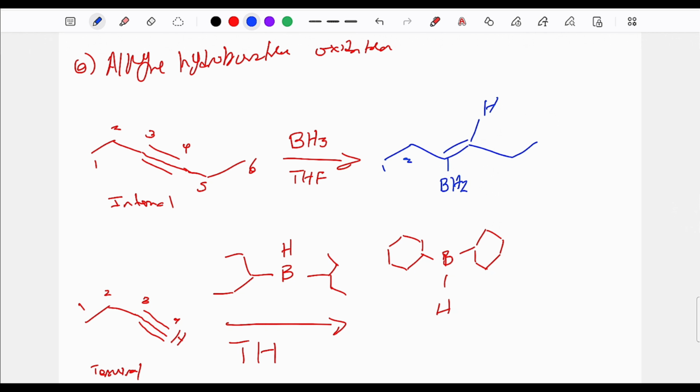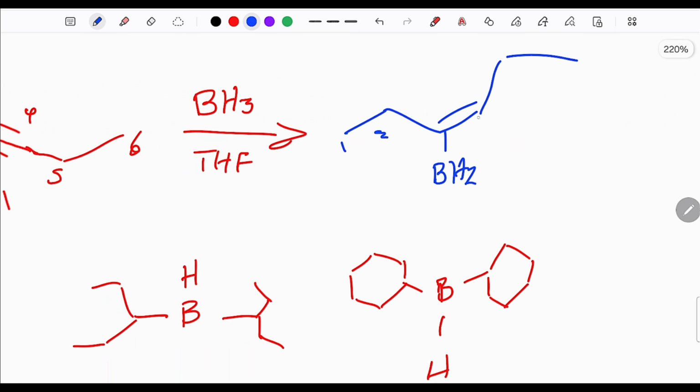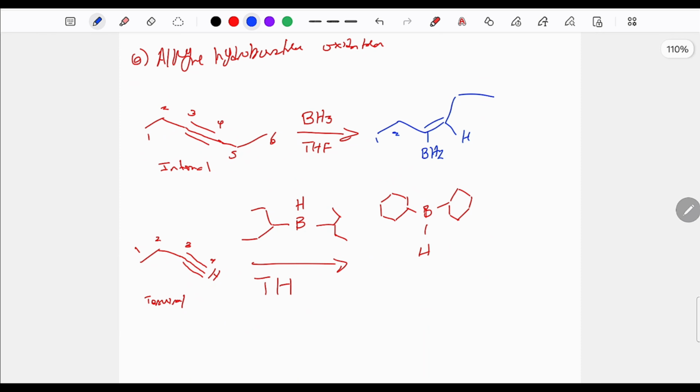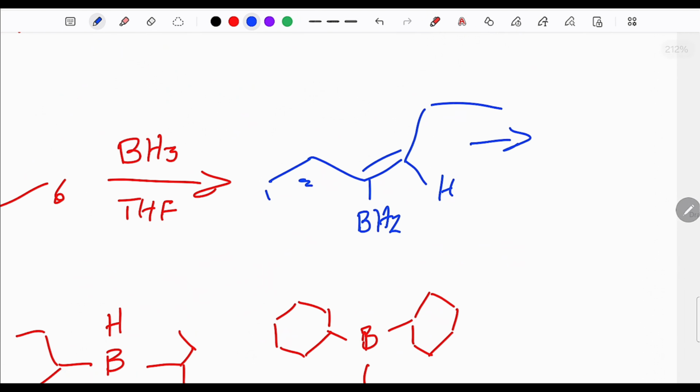Sorry about that. This diagram is wrong. It adds in a syn fashion, so this should be 1, 2, 3, 4, 5, and 6. And so this is where the other hydrogen is adding. There you go. So this is my intermediate, because this will always add in a syn fashion.